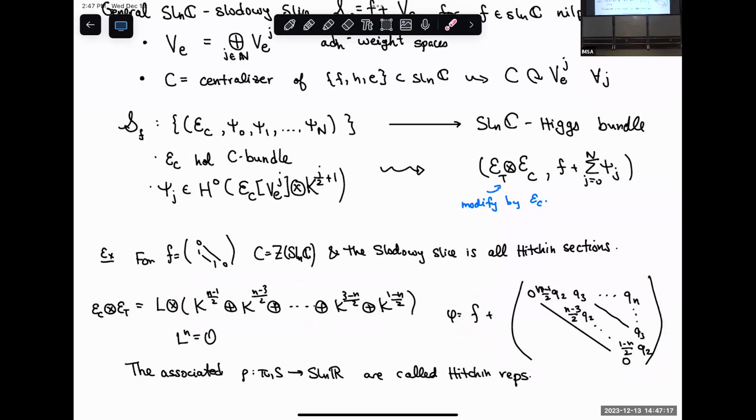I should go up just to make it clear. In this case, this is the center, so the way the center acts on anything is trivial. And so this is just the trivial bundle. And what I'm left with are holomorphic sections of powers of K. So you get holomorphic differentials, you get exactly the Hitchin base.